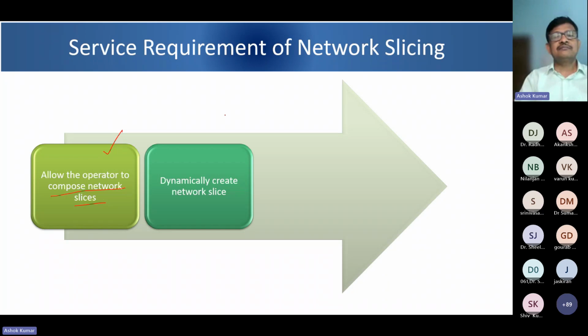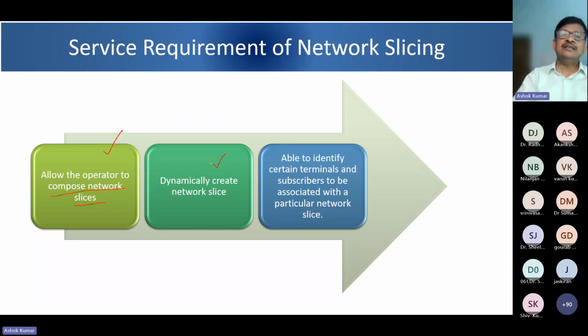Then the slice should be created in a dynamic way. It's not that all the templates are static and I can create a network slice only with static parameters. I should be able to create it dynamically. That means I can myself decide what this slice should support, what kind of quality of service it should support dynamically, right?